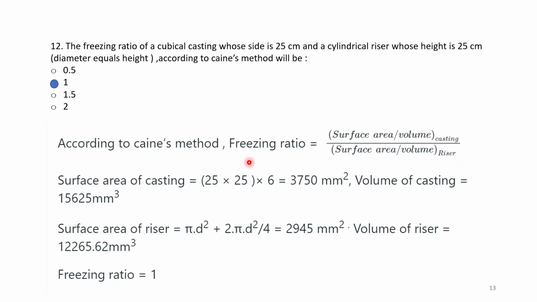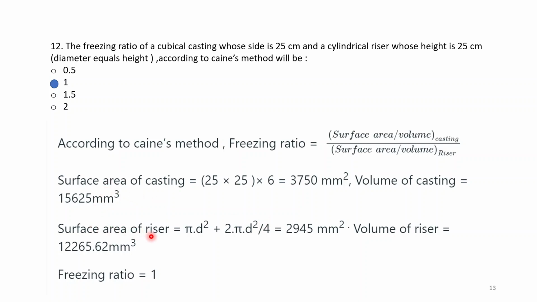Okay, so for the casting, it's cubical, so 6a square will be the surface area and a cube will be the volume, right? So 25 multiplied by 25 multiplied by 6 will be your surface area, and volume of casting will be 25 cube.